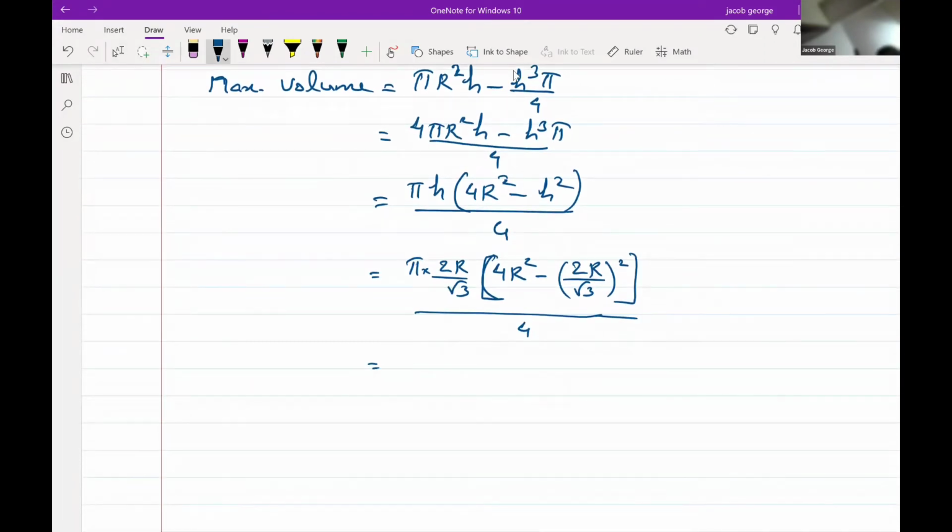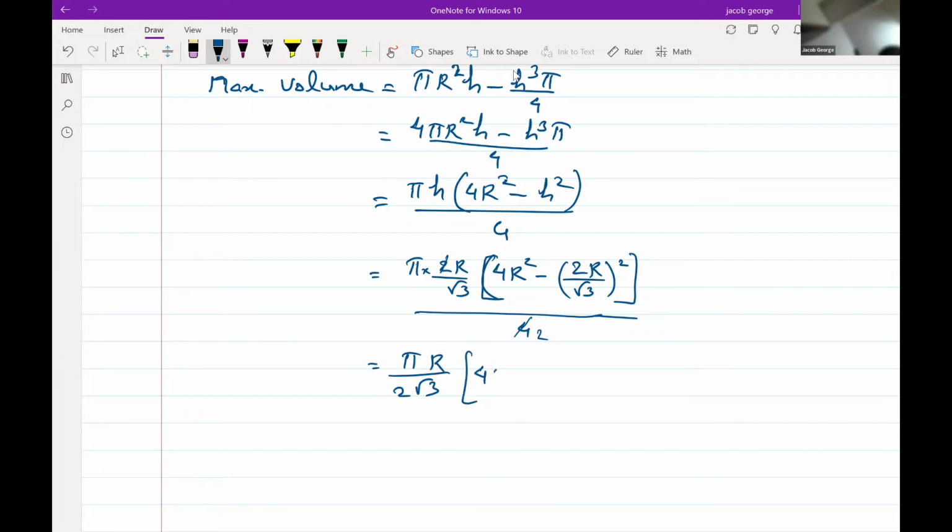That is pi into 2r by root 3. Or we can cut this 2 and 4, it will become 2. Then again, simplification is possible. Pi into r by 2 root 3, this 2 will go up.